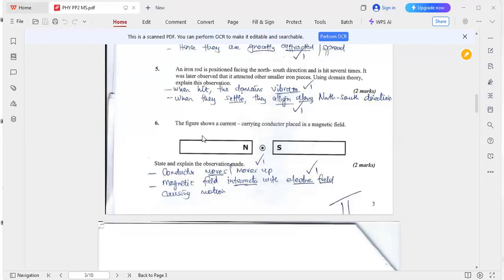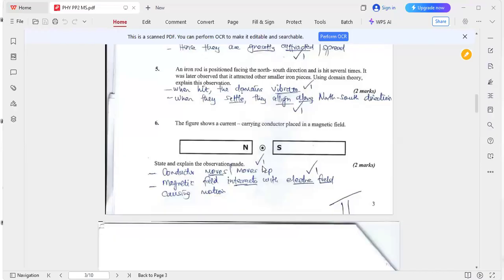Okay, so we are here on question number 6. We are given a conductor placed in a magnetic field. Of course the field runs from north to south, and this conductor shows us that current is coming out of the paper.